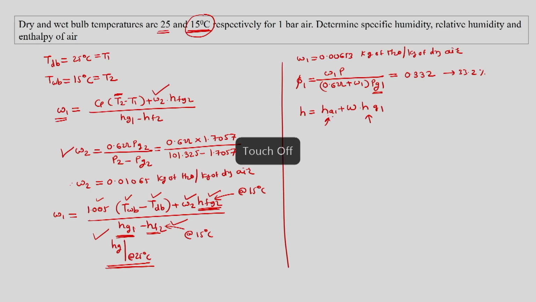So Cp into T for the air is known, omega 1 is known, we have just now evaluated it as 0.00653. Hg can be found out from the steam table at 25 degrees Celsius vapor saturation enthalpy, and this gives us H as 41.8 kilojoule per kg of dry air.